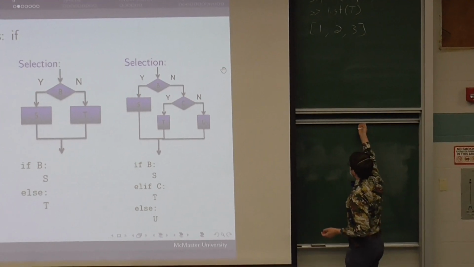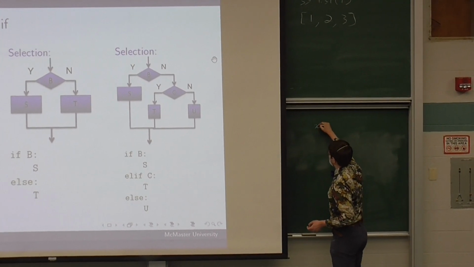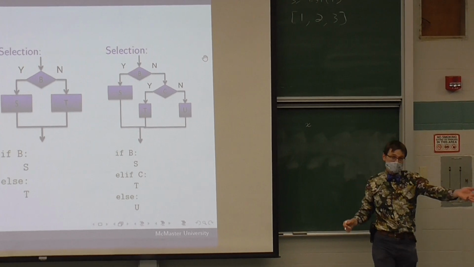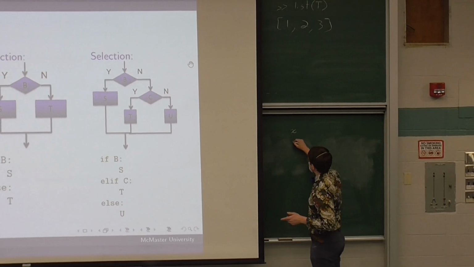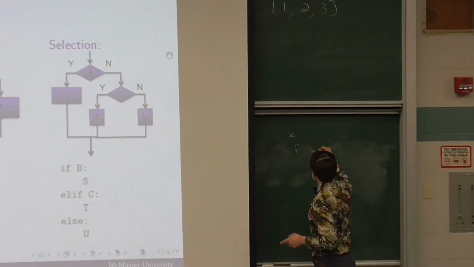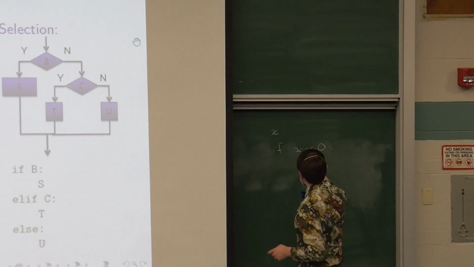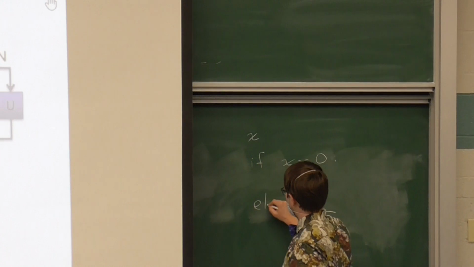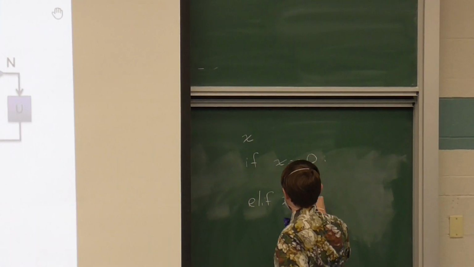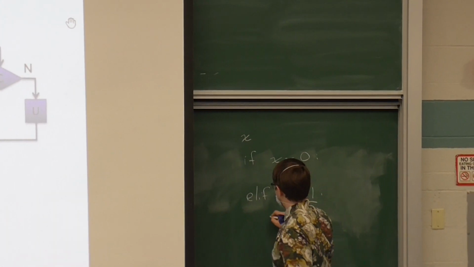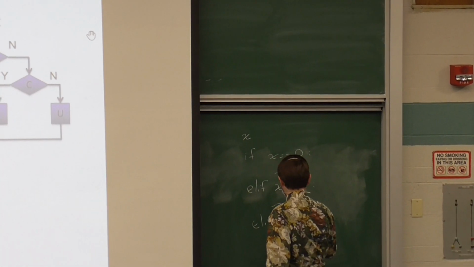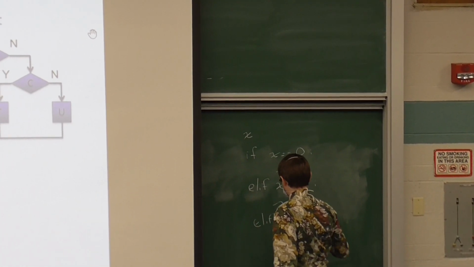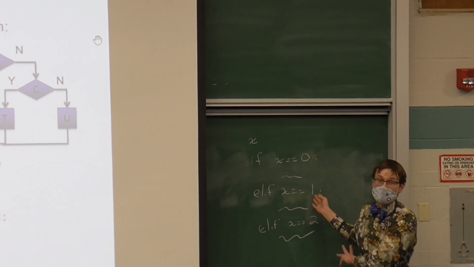Let's say you had some variable that you wanted to test. It could have several possible values, right? A pretty common thing is: if x is equal to 0, do something. Elif x is equal to 1, do something else. Elif x is equal to 2, do something else, etc., etc., right?